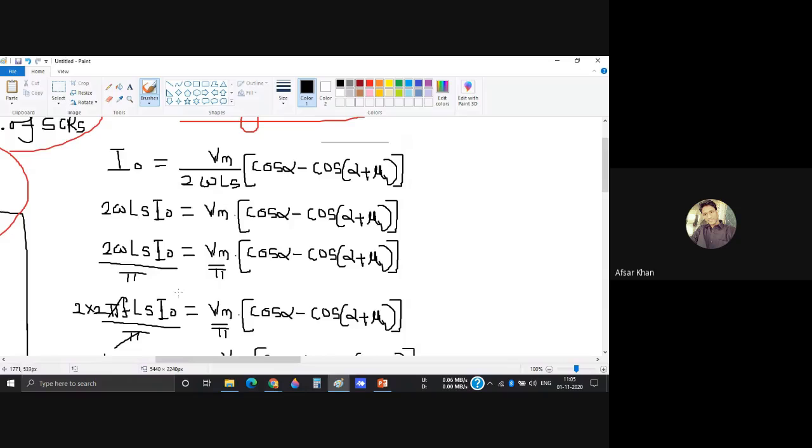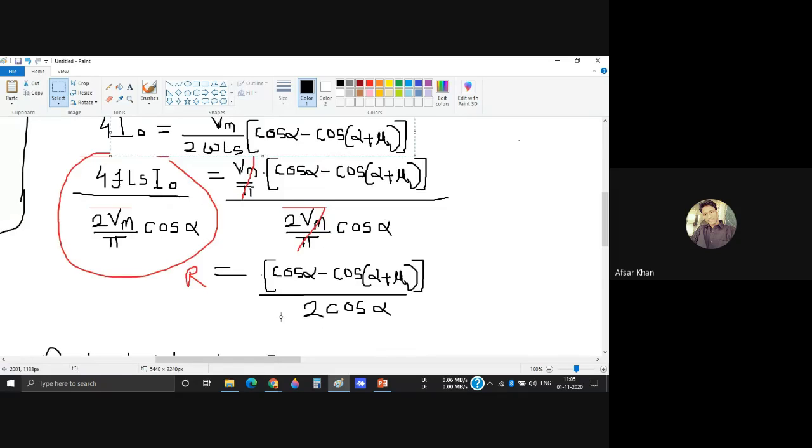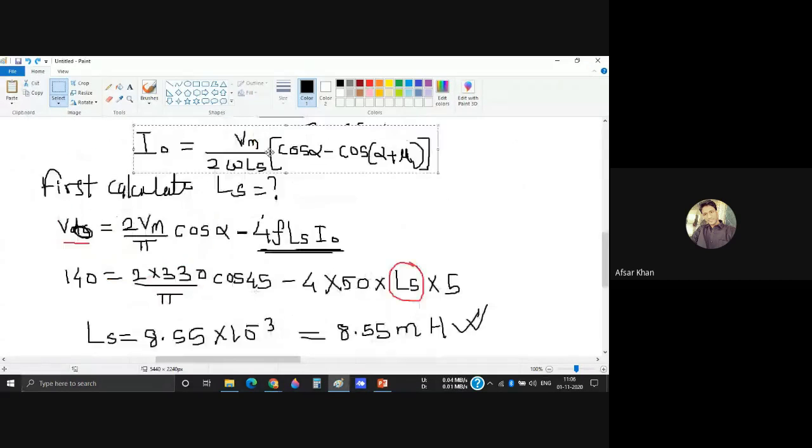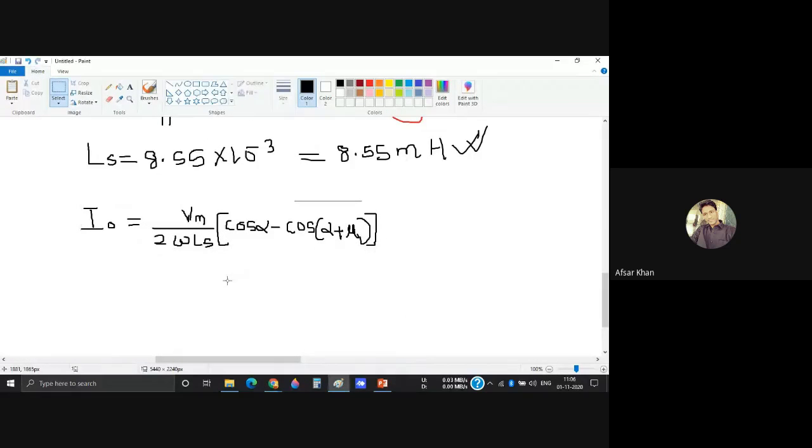Now finally, take the equation of I naught. What is I naught? I naught is Vm by 2 omega Ls into cos alpha minus cos alpha plus mu. So from I naught we will calculate this.